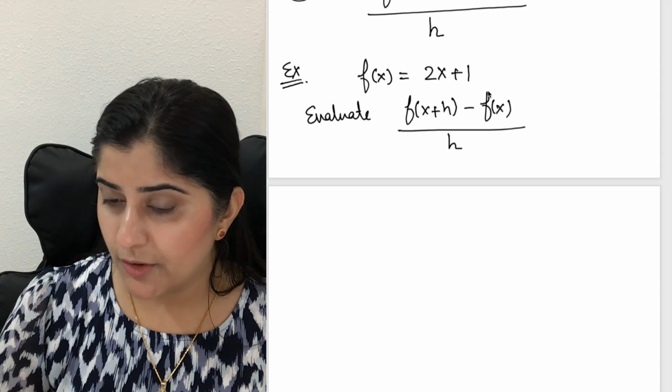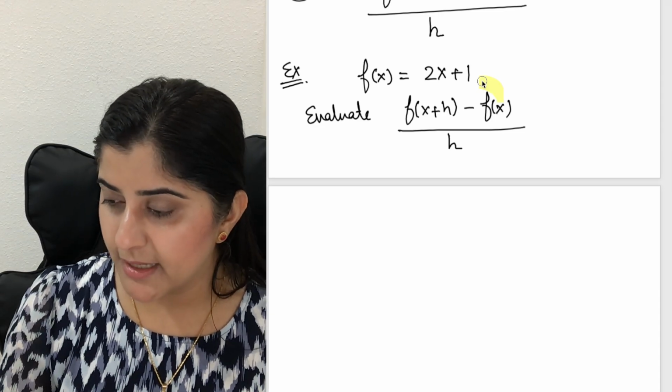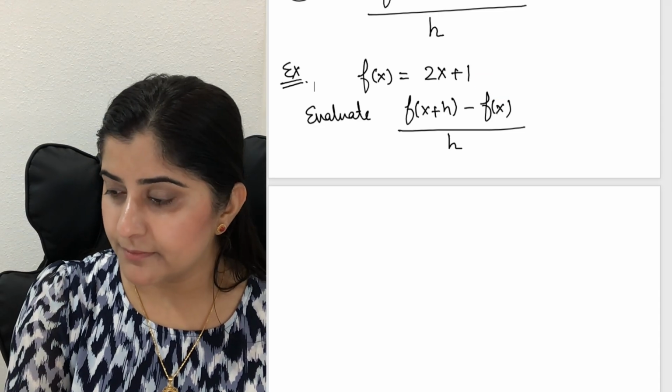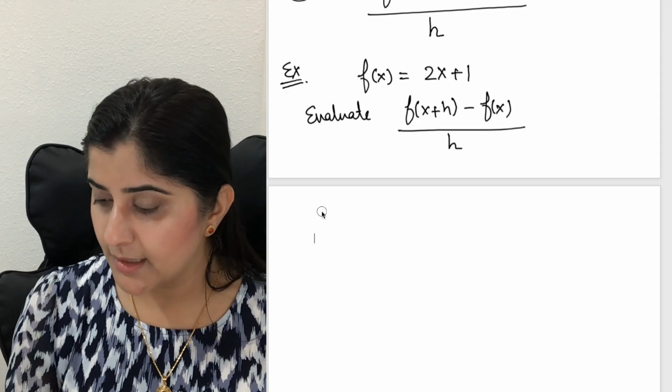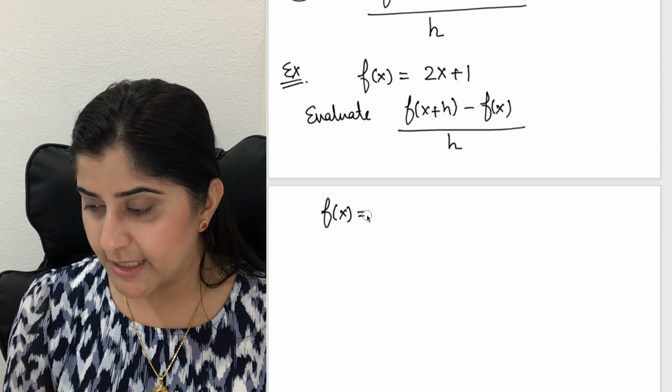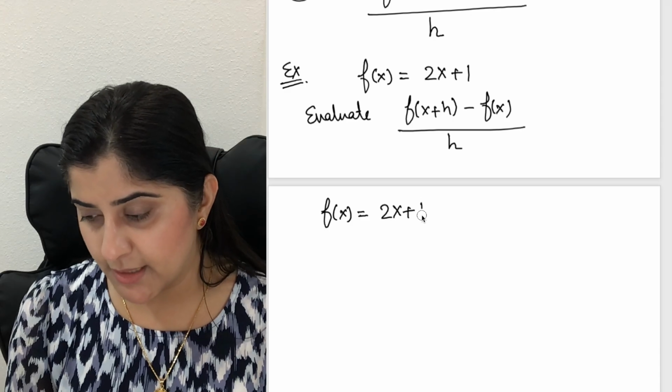So f of x we already know. Its value is already given. f of x looks like 2x plus 1.